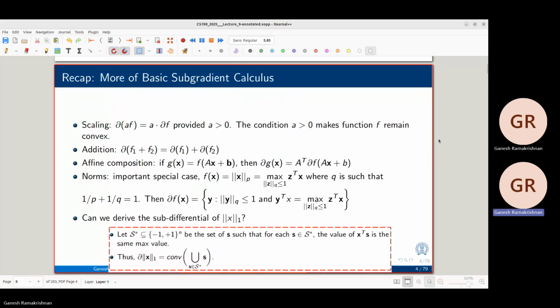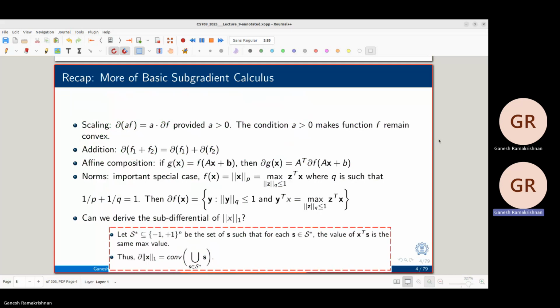So the final expression is here. If S star is in minus 1 to plus 1 raised to n, be the set of S such that for each S, the value of X transpose S is the same max value, right? This is what we had shown earlier. This is the same as a slightly more procedural one. You've just said you can get Si as minus 1 or plus 1, or a convex hull of minus 1 to plus 1. It's exactly the same.